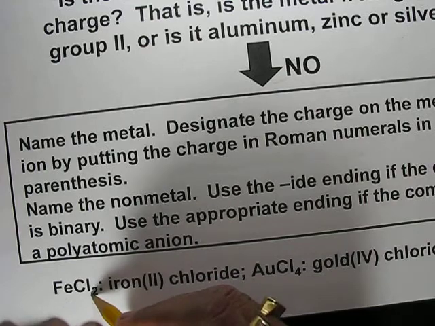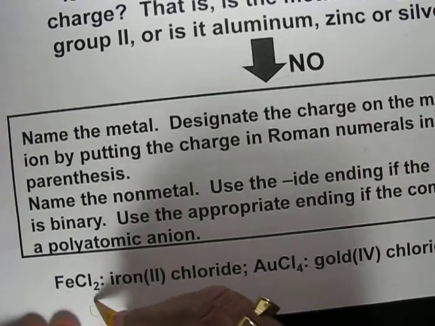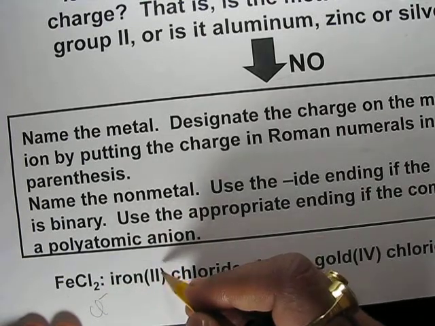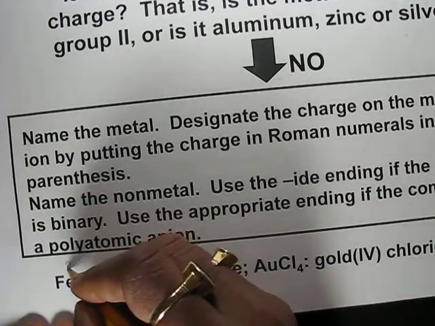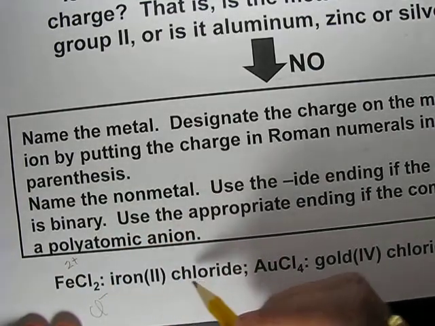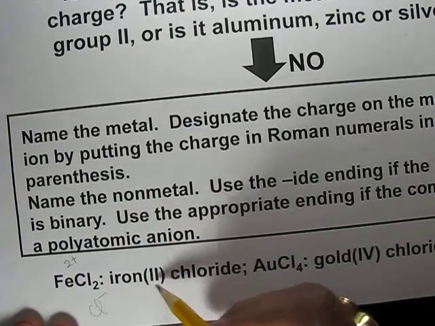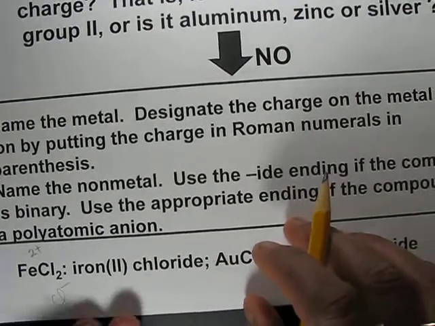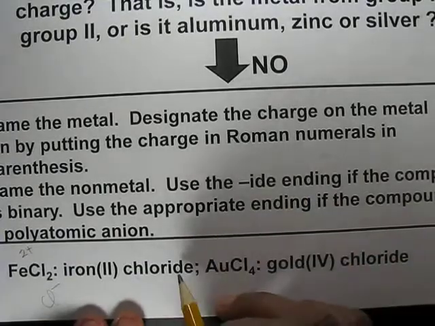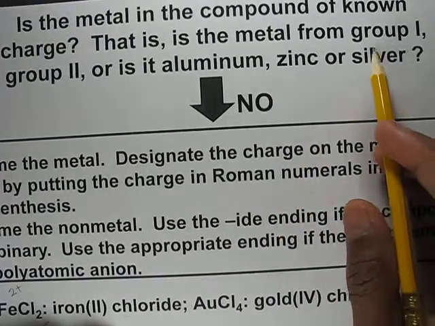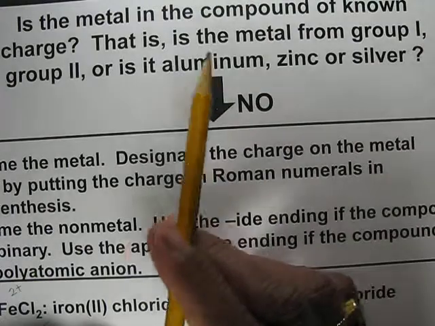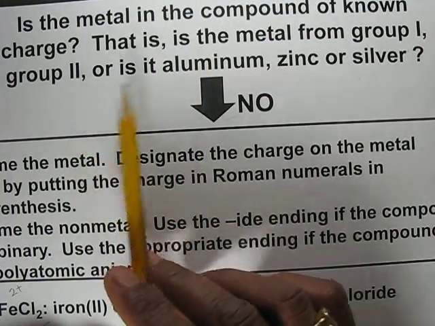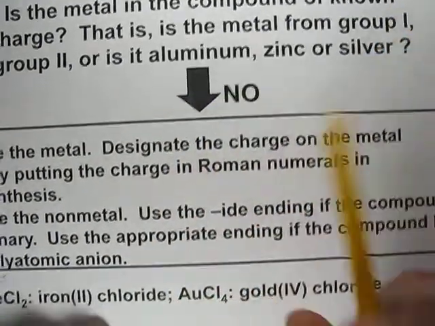Since we know chloride has a -1 charge and there are 2 chloride ions, to balance them there will be a 2+ charge, right? So we write iron in parentheses in Roman numeral II and then chloride. This is the way we write the name of an ionic compound if the metal does not come from group 1A or 2A, or is not aluminum, zinc or silver.